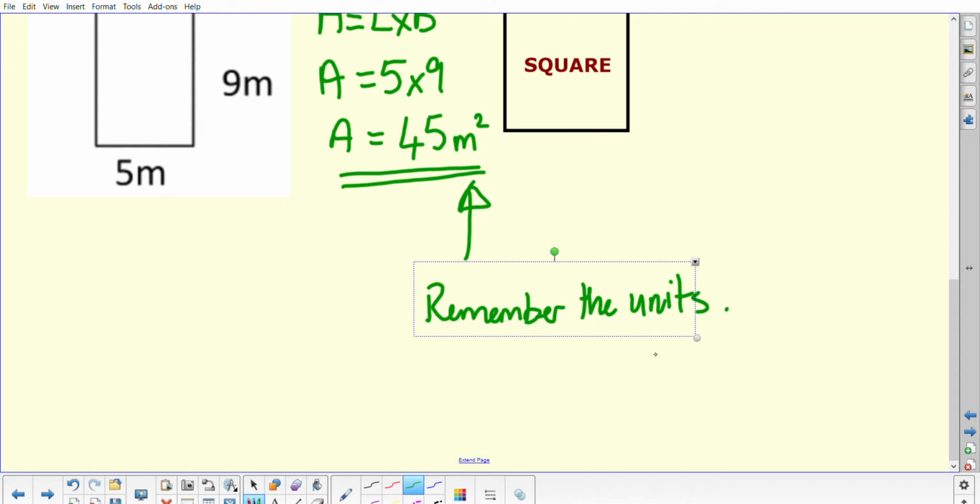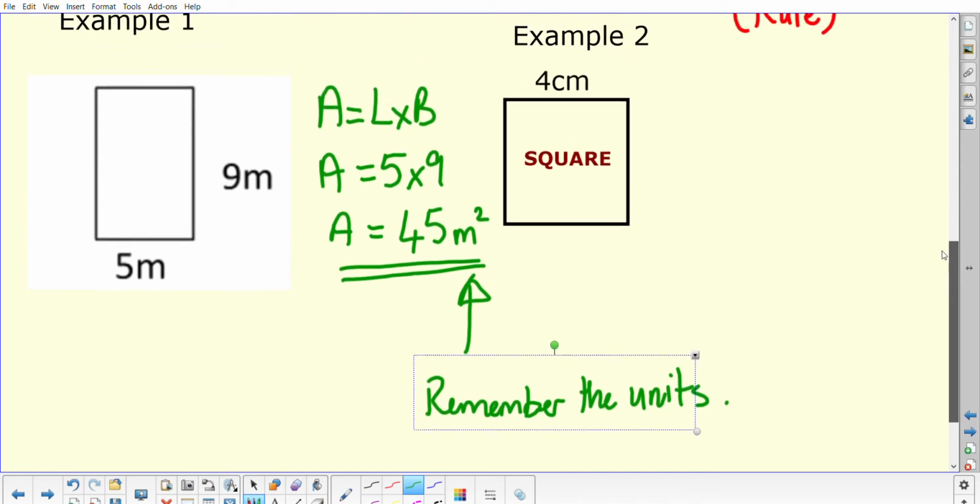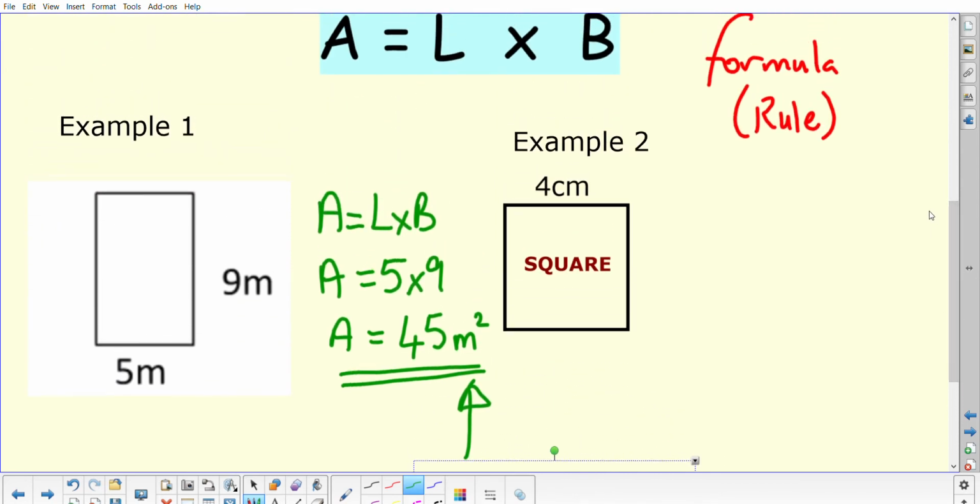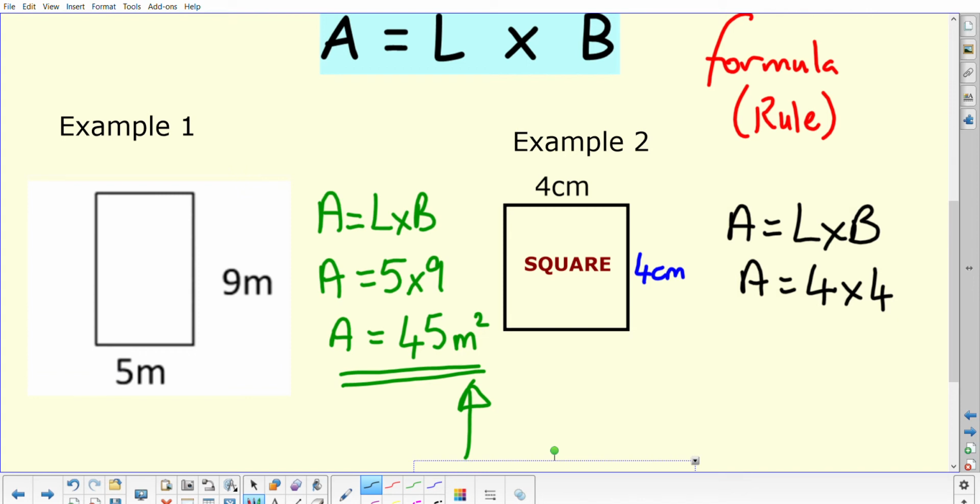So the second example there, the square beside it, square means that all your sides are the same length. So if that side there's 4 centimetres, that one would also be 4 centimetres. So we can still use length times breadth, but when we're multiplying the two numbers together, it's the same two numbers. So we'd end up with 16.